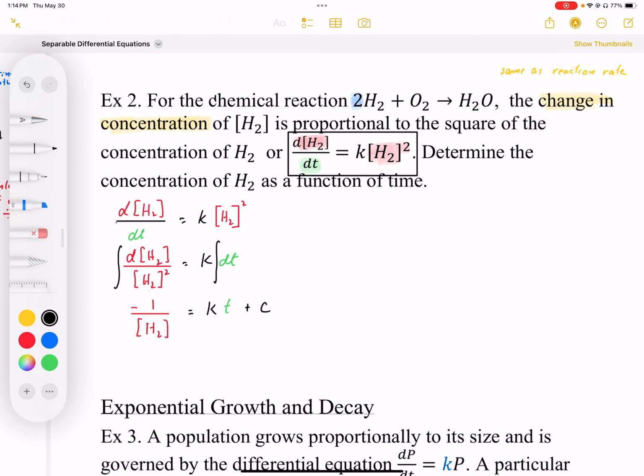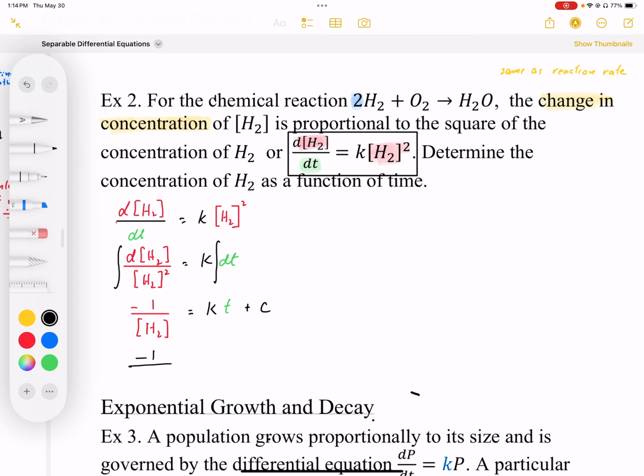So in this case here, we're not given an initial condition, so we're going to have to solve this algebraically, and we're going to solve it for the dependent variable, the hydrogen gas concentration. So we're going to rearrange this equation, and I'm going to basically cross multiply this.